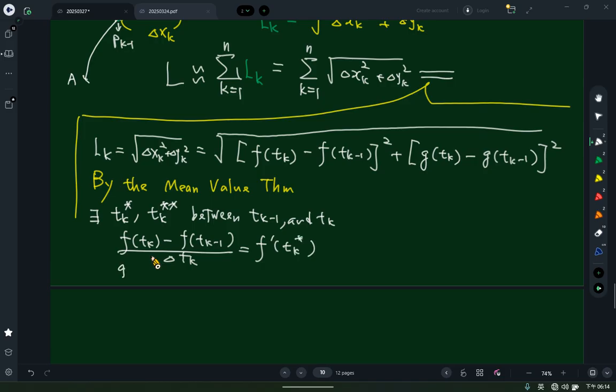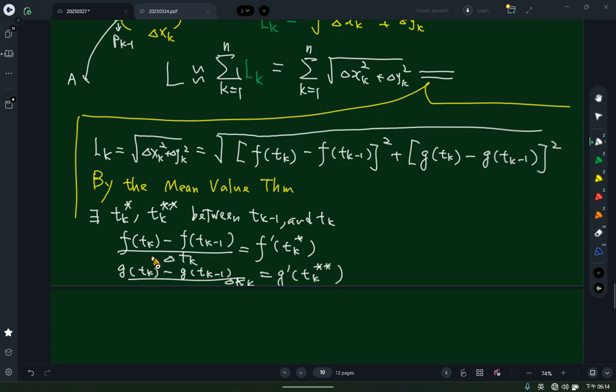Then we also have g of t_k minus g of t_{k-1}, over delta t_k, is equal to g prime of t_k star star.